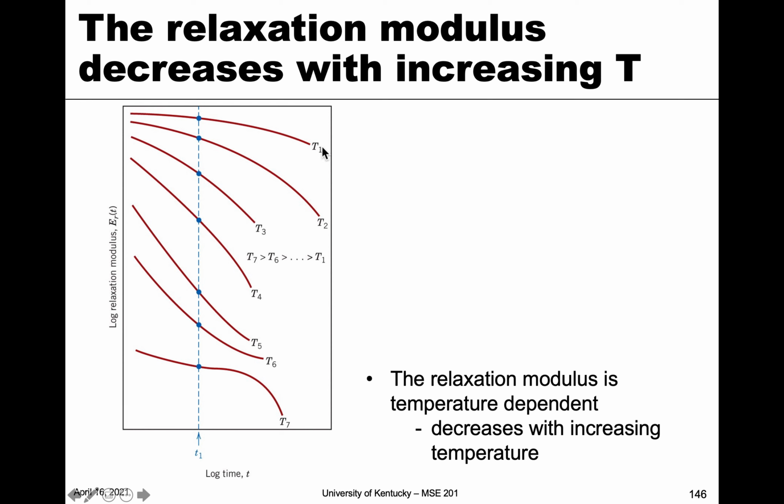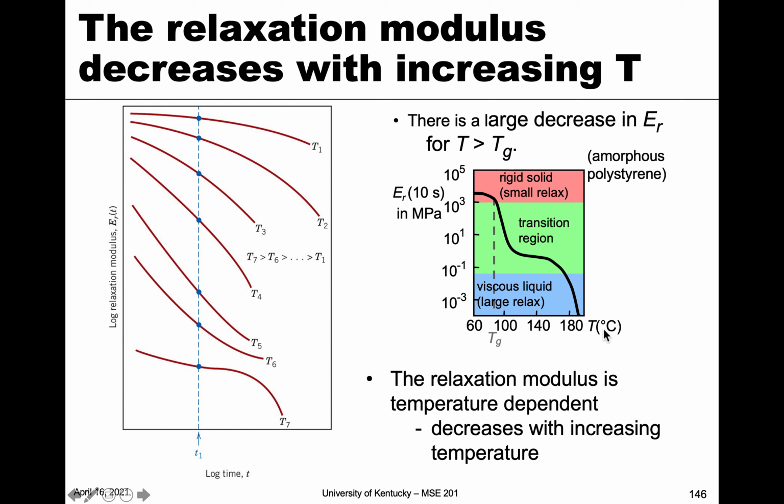T1 is the lowest temperature, so you see that it has the highest relaxation modulus, and then as we increase the temperature, we see that the relaxation modulus decreases, and you can see the time dependence of all of these. So the relaxation modulus is always going to decrease, but it's doing that more so at the higher and higher temperatures.